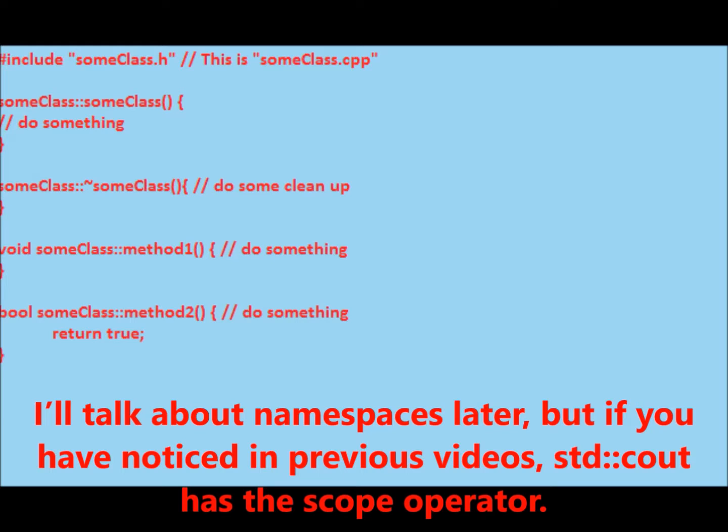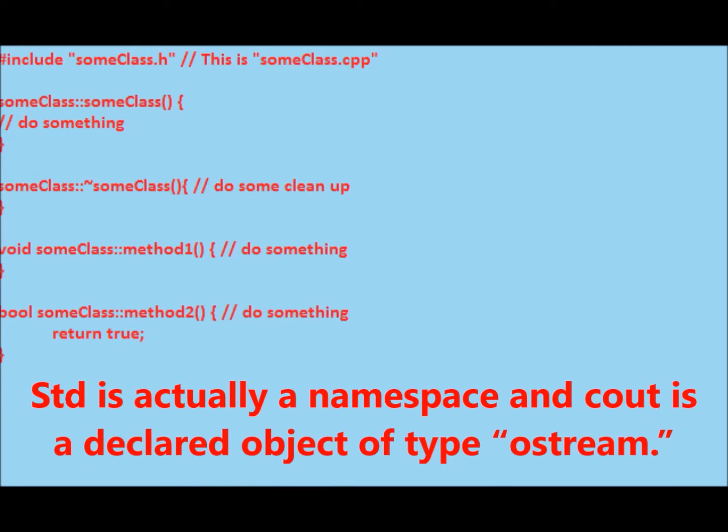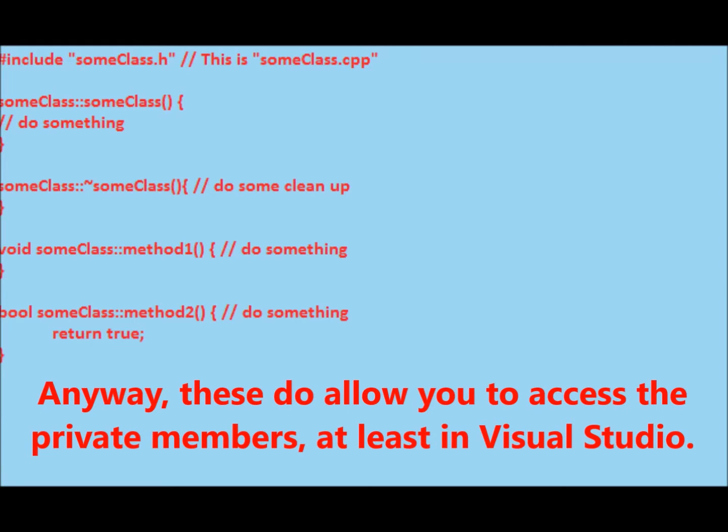I'll talk about namespaces later, but if you have noticed in previous videos, std::cout has the scope operator. Std is actually a namespace and cout is a declared object of type ostream. Anyway, these do allow you to access the private members, at least in Visual Studio.